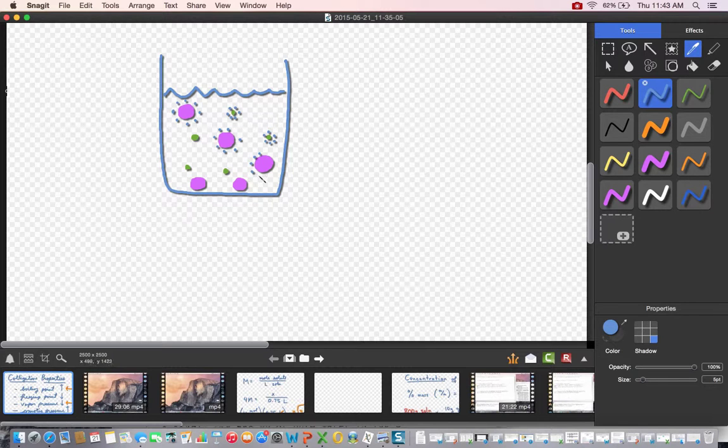You have solvated Na plus, you have solvated Cl minus. And all of these ions, if you have a homogeneous solution, that is, you cannot detect solid, all you see is a clear solution. This is what is happening on the molecular level.